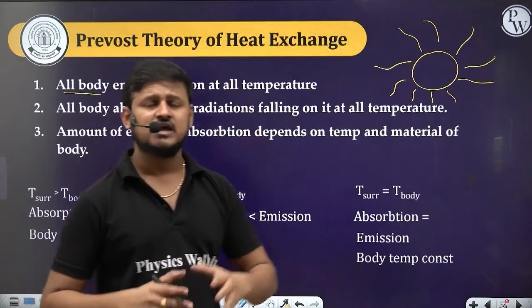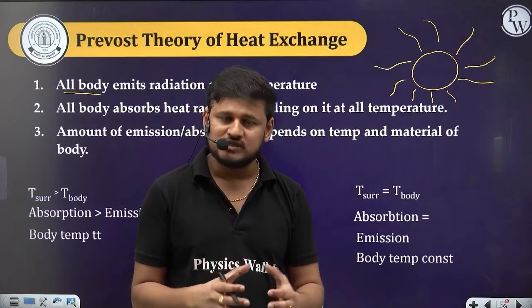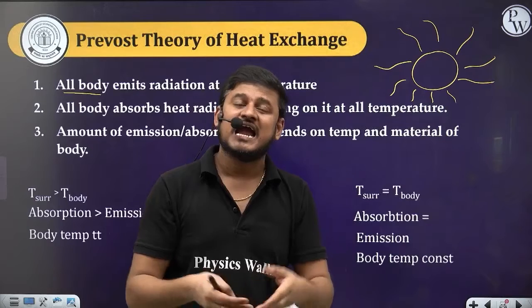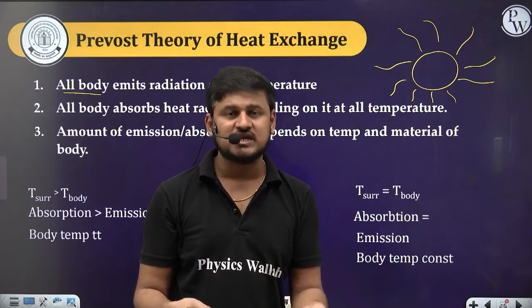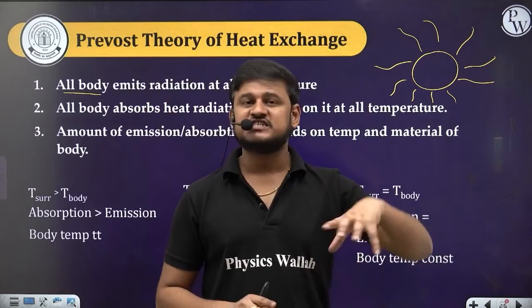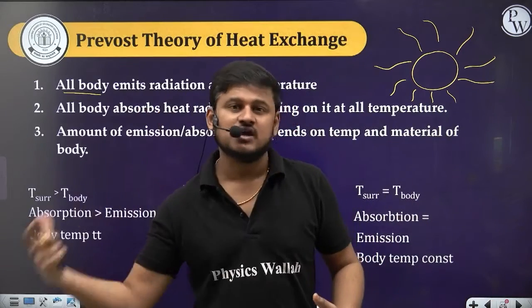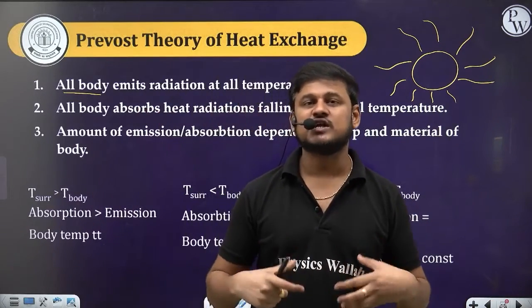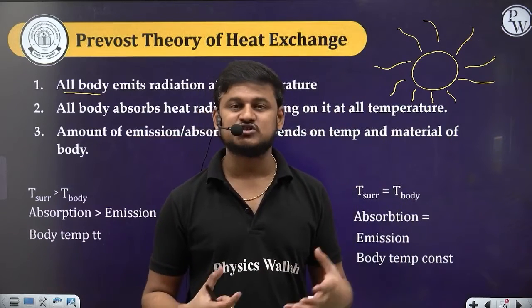Just imagine, every body in the universe emits radiation and every body in the universe absorbs radiation. But which is a good absorber or a good emitter depends on the temperature.